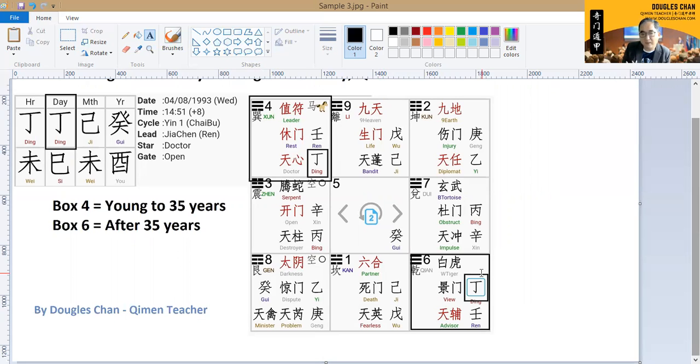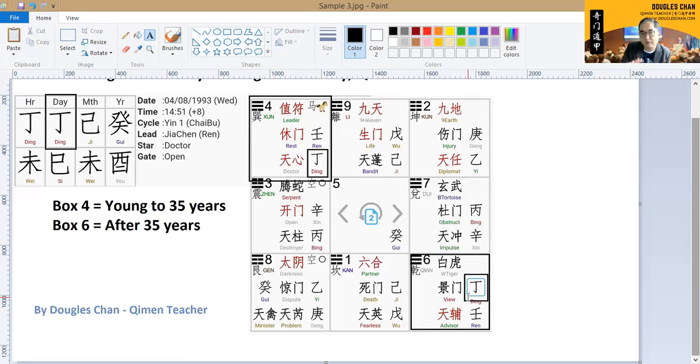Fan Yin chart means that this person's character will flip and change very consistently. Rightfully, he should have this major self character in box number 4 when he is young until 35 years old, and move on to this box 6 character, which is the White Tiger, Vie, and the Advisor, after 35 years old.